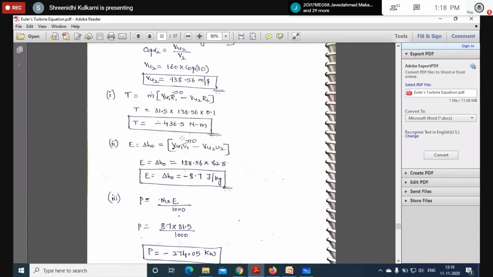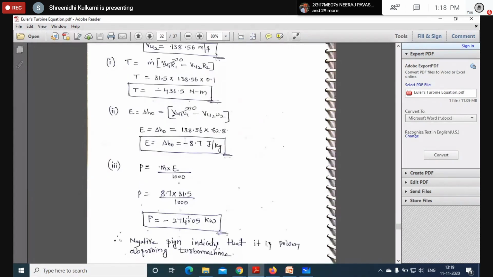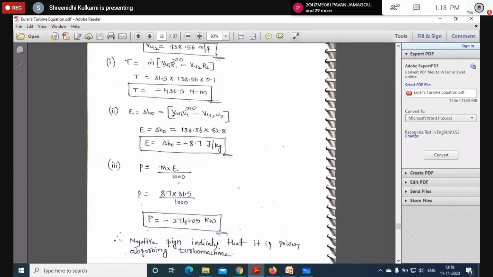Done, sir. So you completed up to power? Yes, sir. You got the same answer? Yes. Here it is indicating a negative sign. In the energy equation itself we are getting a negative sign.